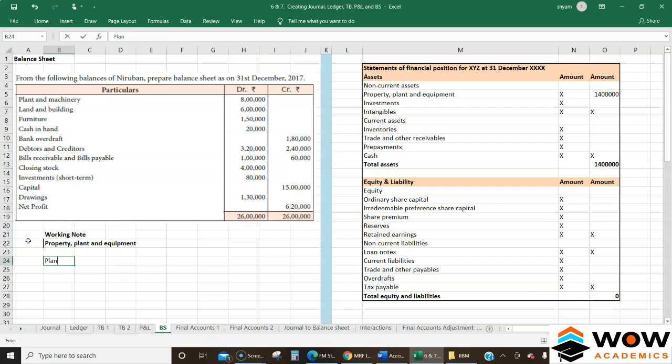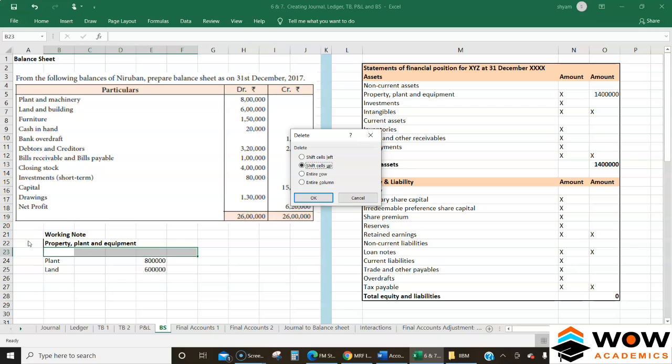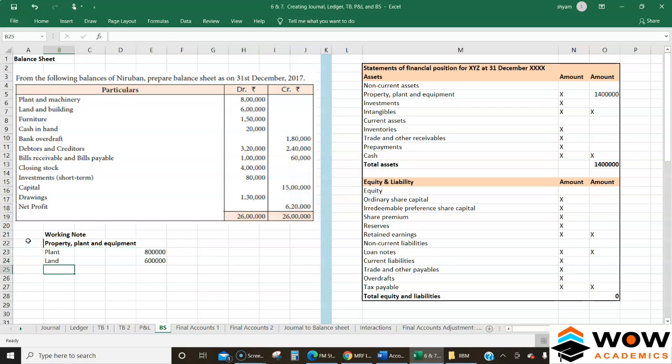So plant would be, and land would be... So we also have furniture here.